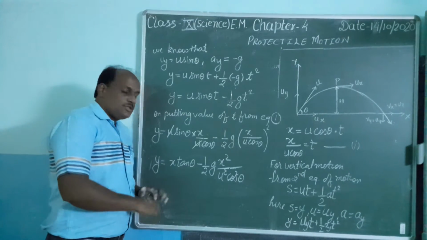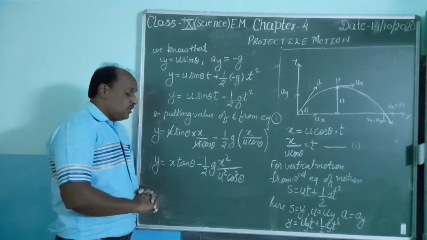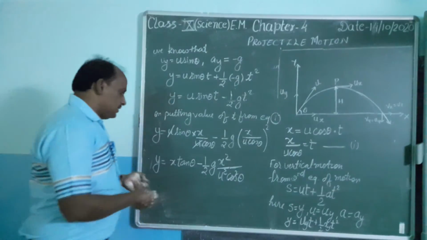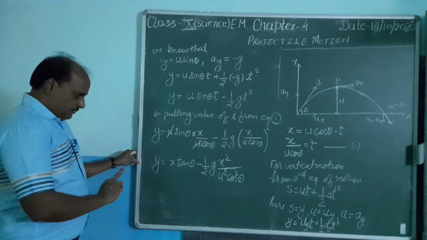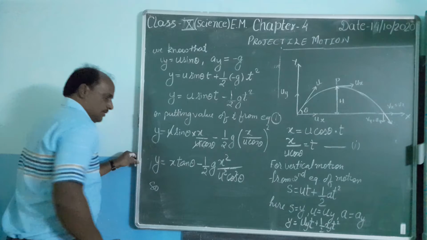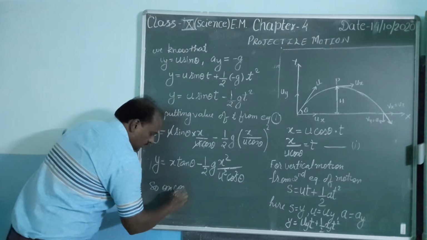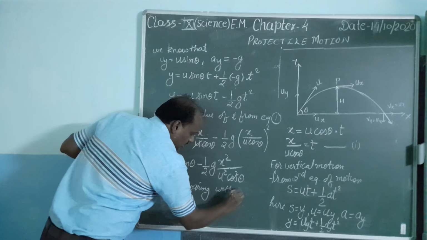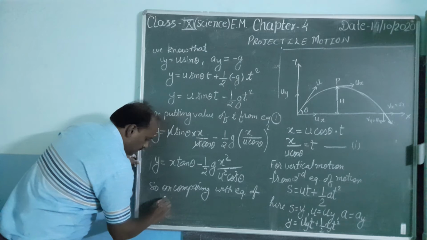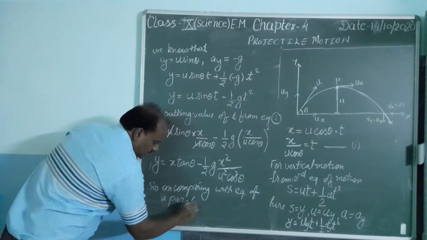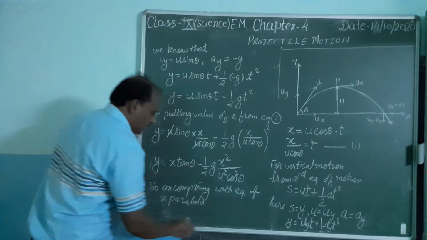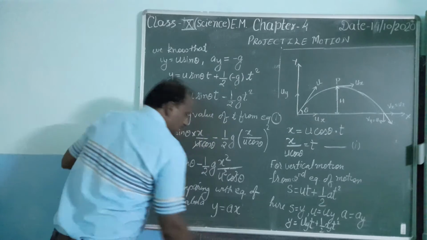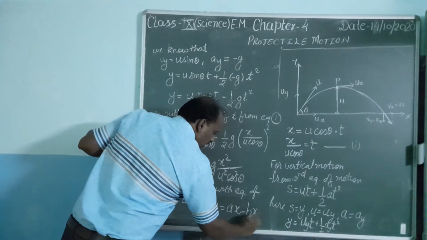This equation resembles the equation of a parabola. On comparing with the equation of a parabola, the equation of a parabola is y equals ax minus bx square.